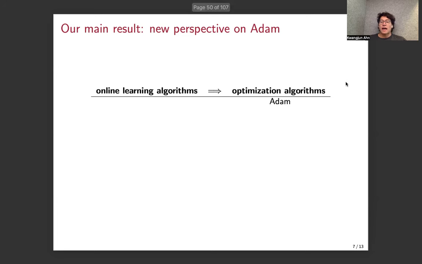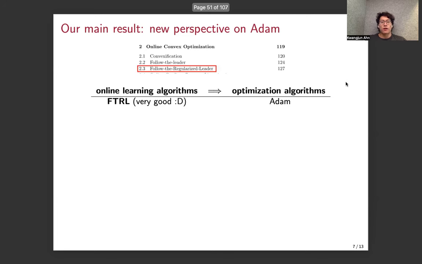And we show that Atom just corresponds to a very popular online learner called follow the regularized leader, FTRL, which is very nice because FTRL is shown to be very effective. It just appears in chapter 2 of one of the textbooks that I showed in the previous slide. On the other hand, optimization algorithms like SGD correspond to poor online learners. I'm going to tell you what I mean by poor.